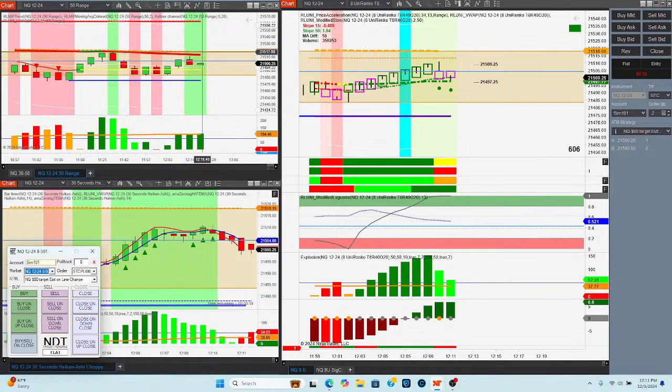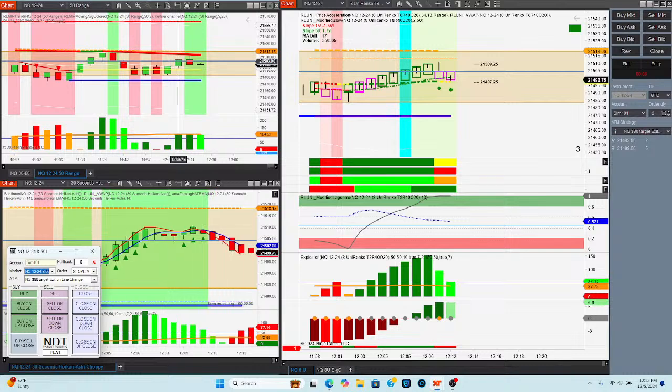And as much as it looked like a potential up move, until this thing turns green, it's not tradable most of the time. And that's what we have to consider in our trading.